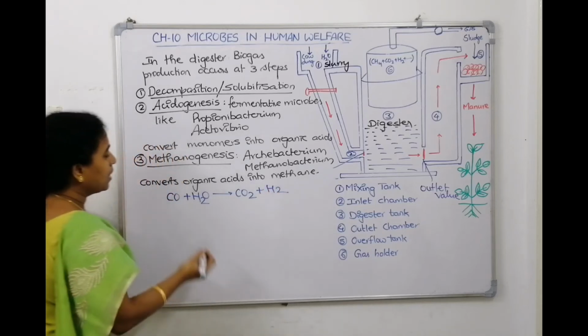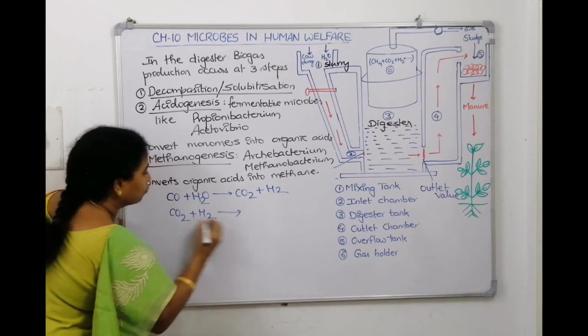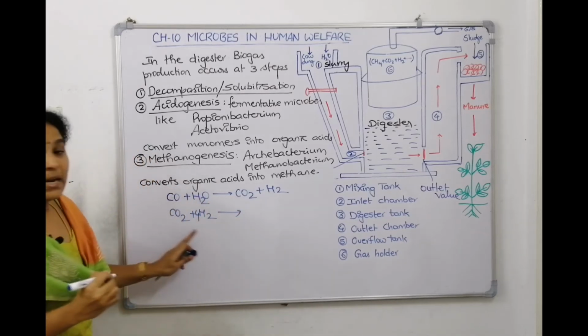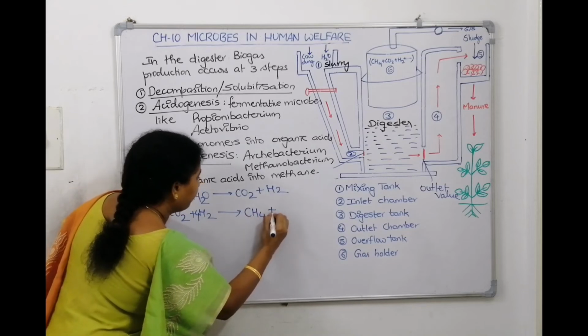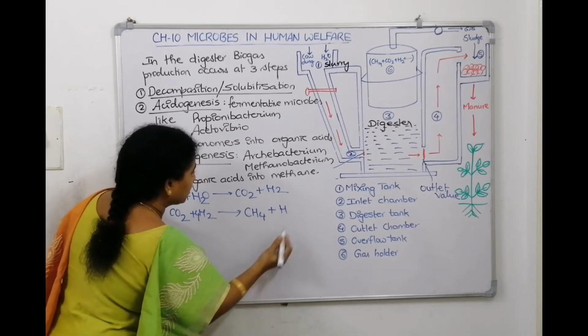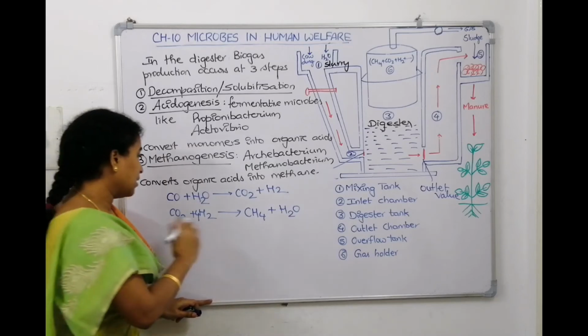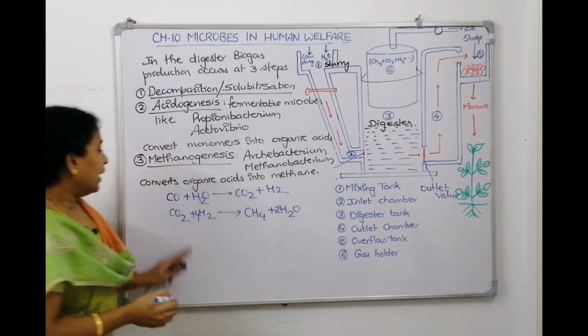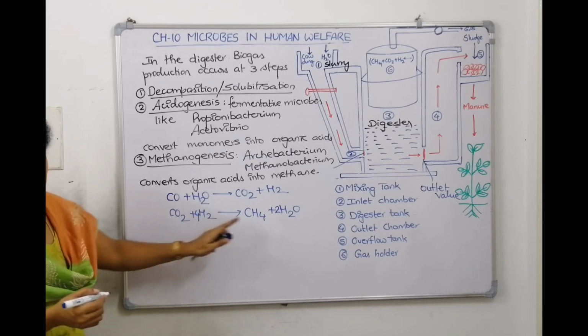Now this carbon dioxide combines with H2 and makes methane and two water molecules. In this manner, carbon monoxide is converted to methane, or carbon dioxide gets converted to methane.